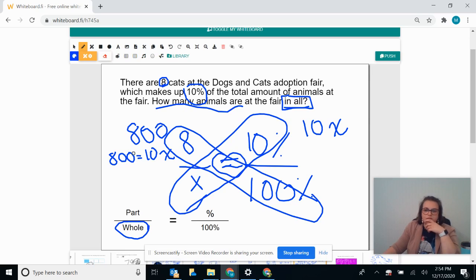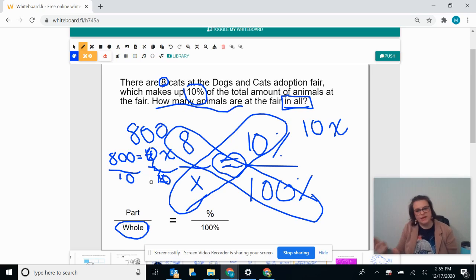All right, and now we just have to get x alone because that will give us the answer. So right now, x is being multiplied by 10. The number we don't know is being multiplied by 10. So we're just going to do the opposite. We're going to divide it by 10. That cancels each other out.